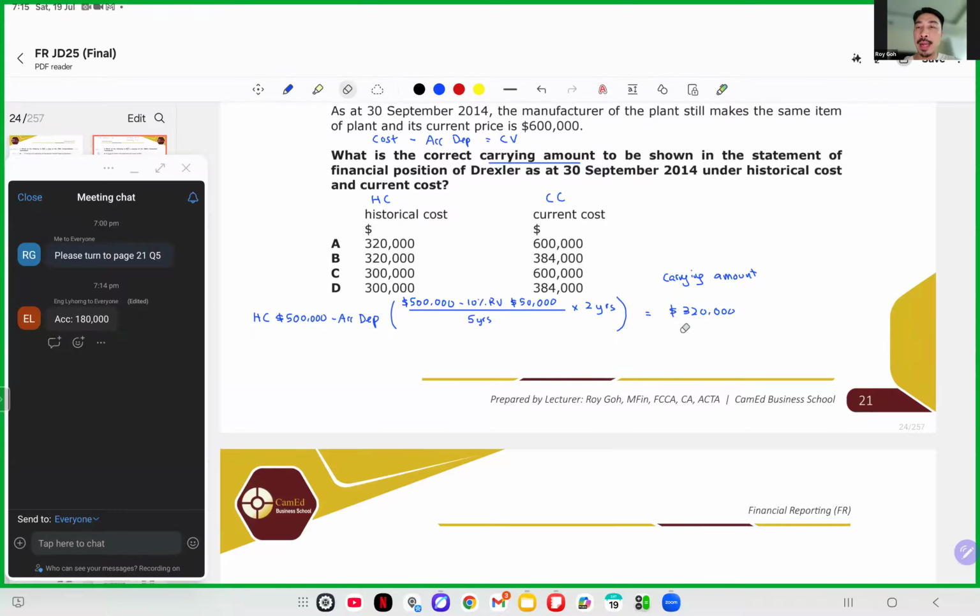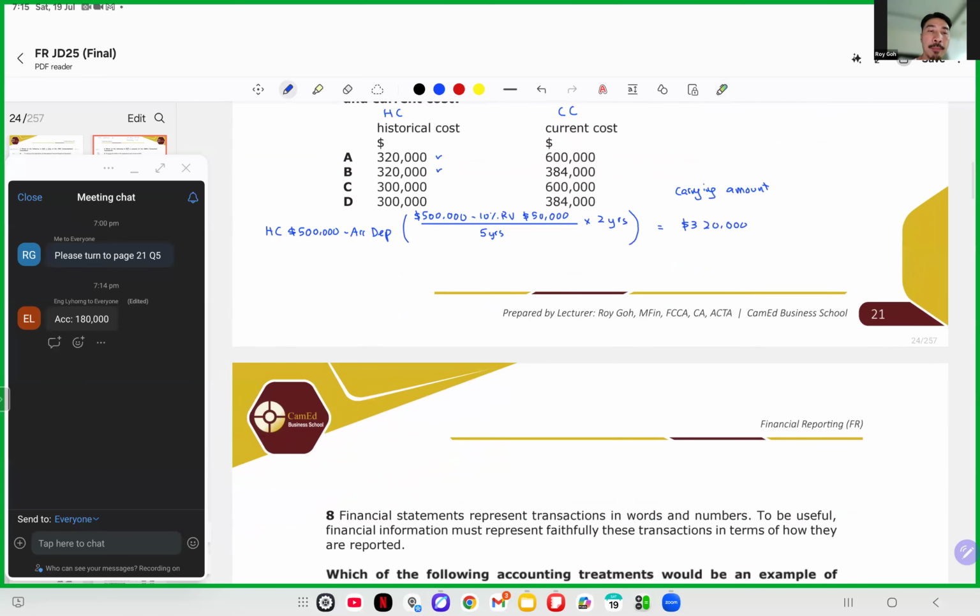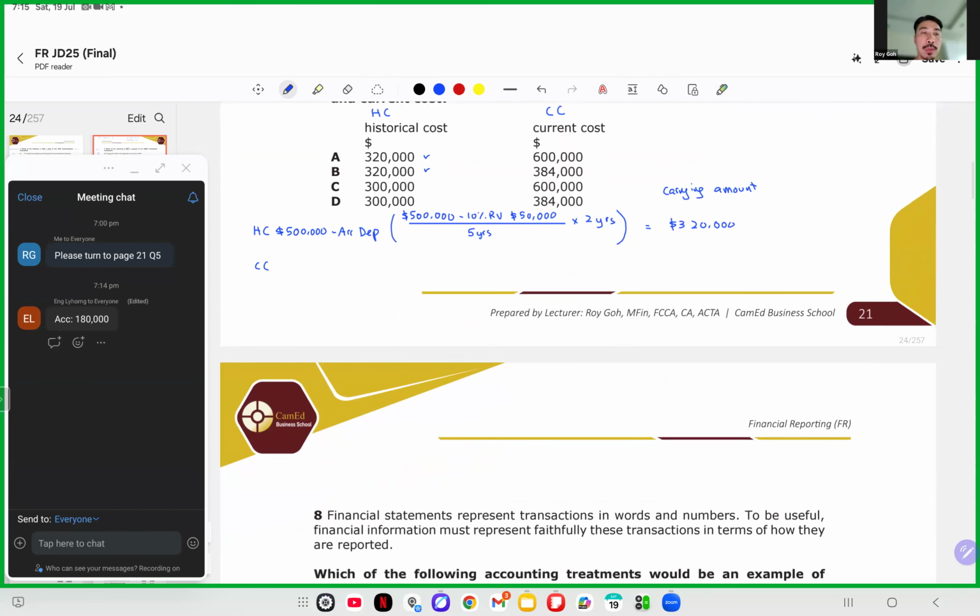Therefore, the possible answer is either A or B, not C, not D. Then, we're also given the current cost, current price of 600. Everything else is the same. CC stands for current cost, 600,000, minus away 2 years of the accumulated depreciation.